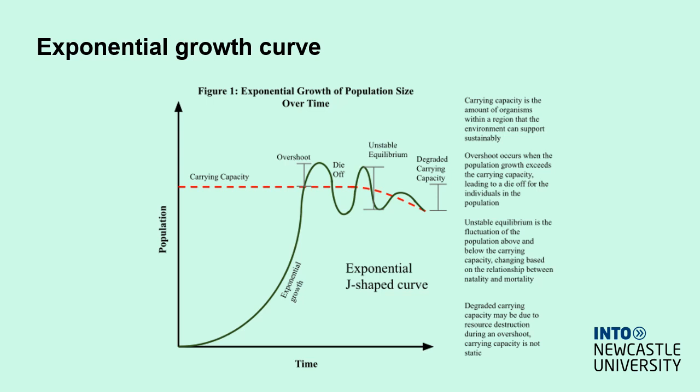What you expect to see with an exponential growth curve is that you get to a carrying capacity. We haven't got to the carrying capacity for humans yet, but there's some discussion about whether we are getting close to the carrying capacity of the world for humans. And once you get to the carrying capacity, you will oscillate around it. You will go over the carrying capacity, then the organism will start to die off. There'll be competition for food and resources.